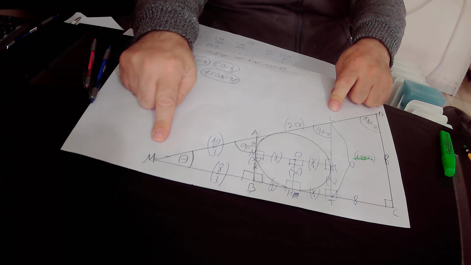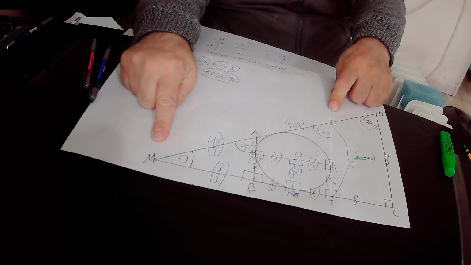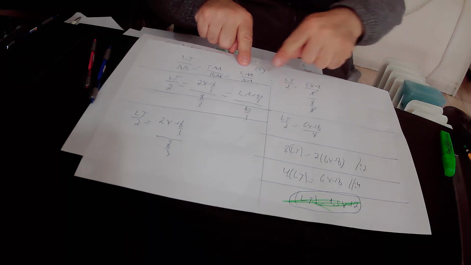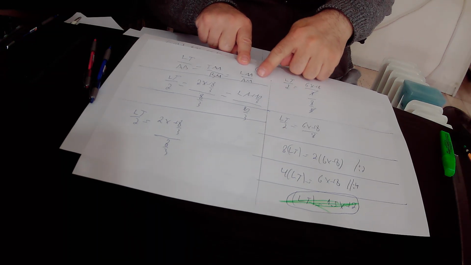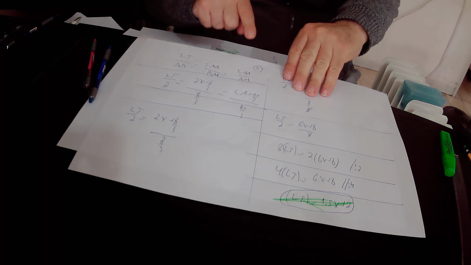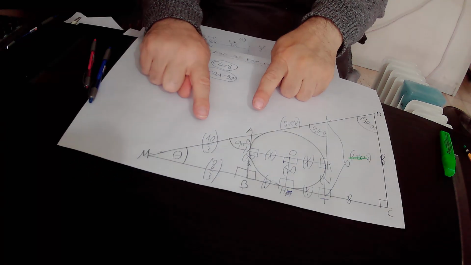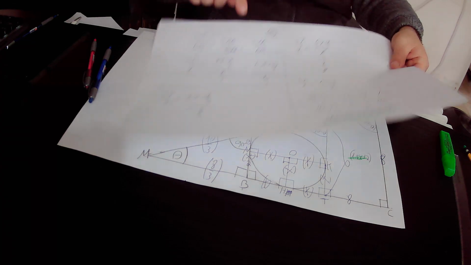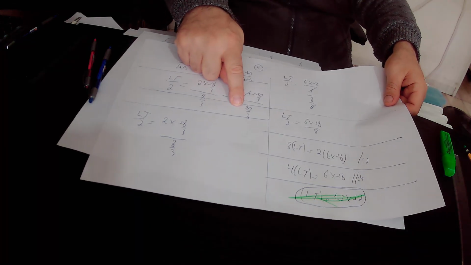So LM equals LA, the missing side, plus AM, that is 10 over 3. So in total, LM equals LA plus 10 over 3, divided by AM. Here, AM equals 10 over 3, so we substitute AM by 10 over 3.